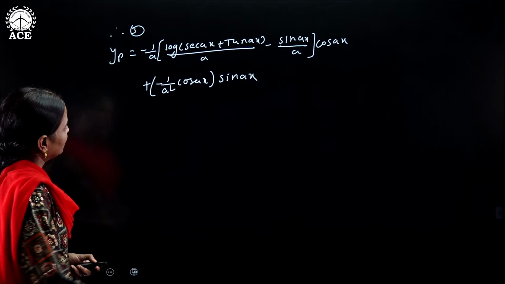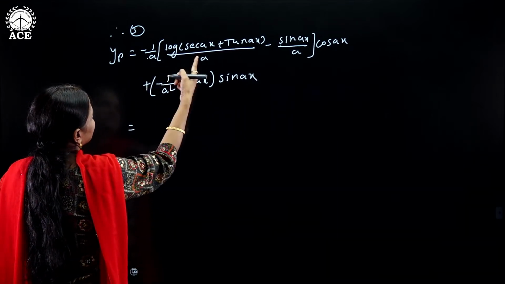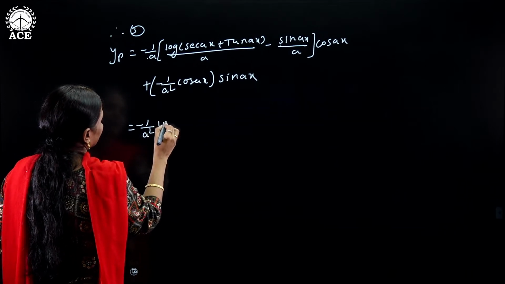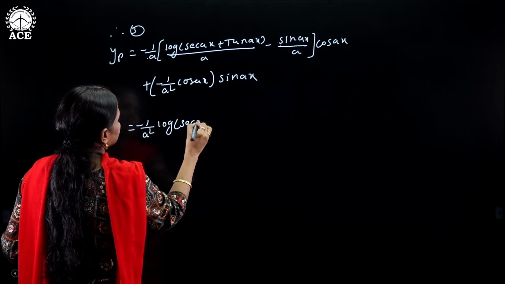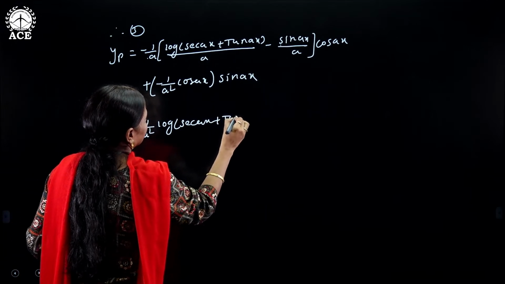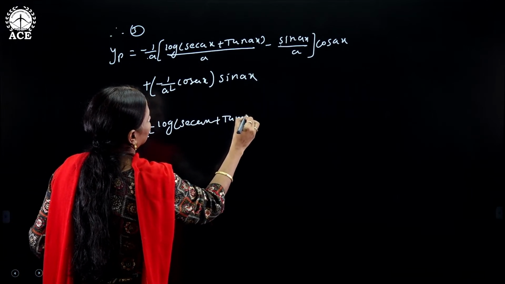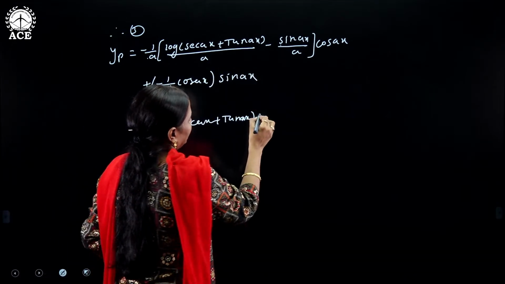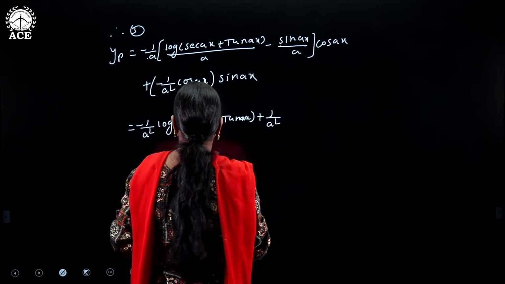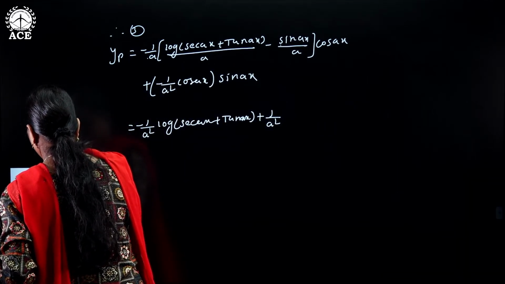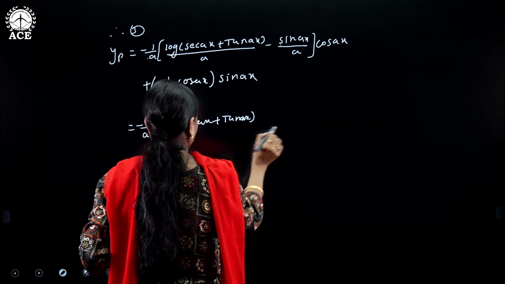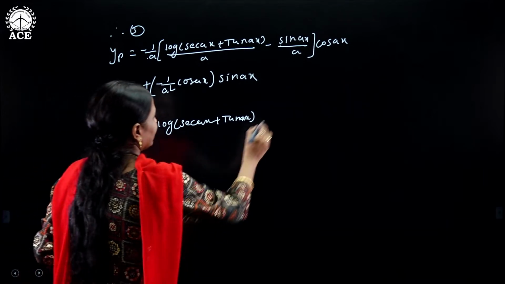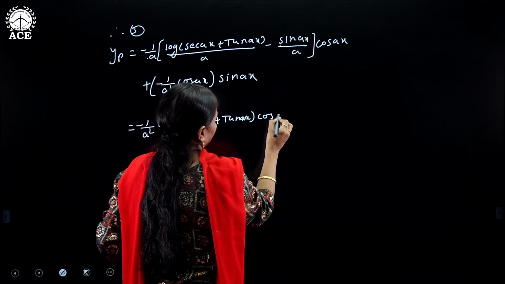Now, if we simplify term by term, the first one is minus 1 by a into a, that is minus 1 by a square, into log of secant ax plus tan ax, minus into minus plus 1 by a square into, here we have cos ax, that is cos ax.